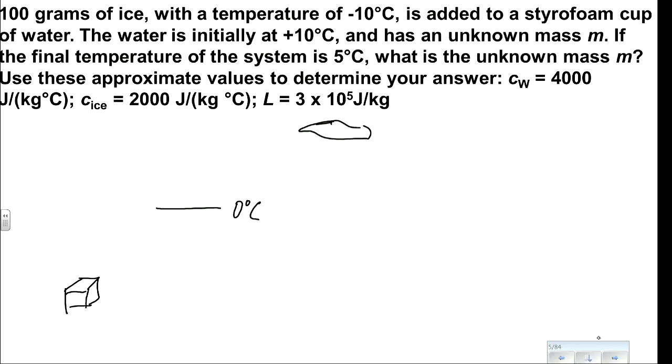the final temperature is what? This is the final temperature. So, what is happening to water? Yeah, exactly.